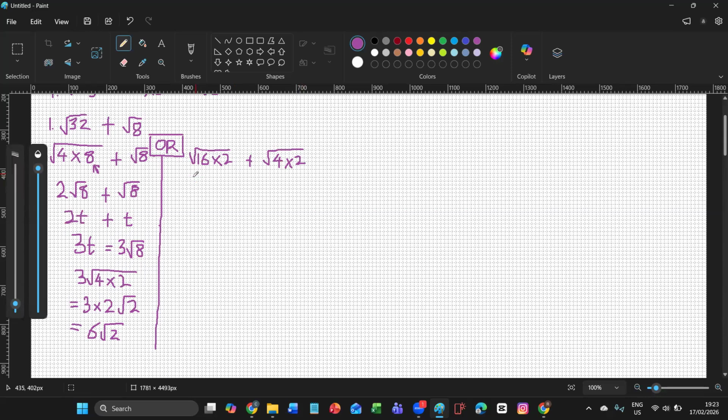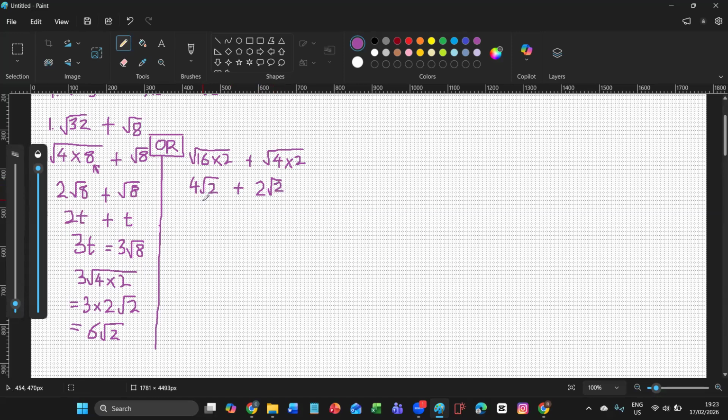Square root of 16 is 4, right? Yes, sir. Okay, so that will now be 4, and root 2 will be left as a root. Just leave it like that because we know that it's not a perfect square. And then on this side, I have root 4 times 2. Okay, so that will be what? 2 root 2, the one that is not a perfect square.